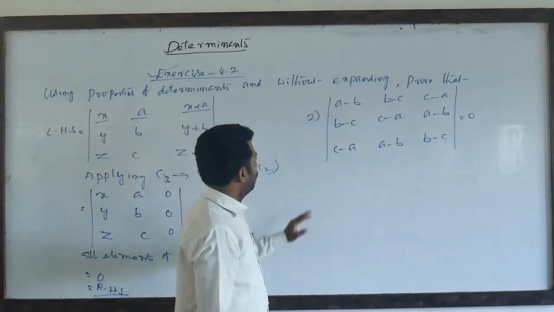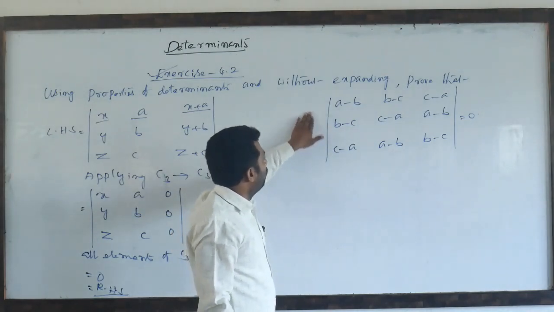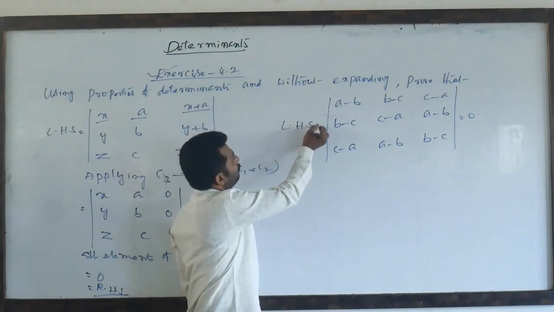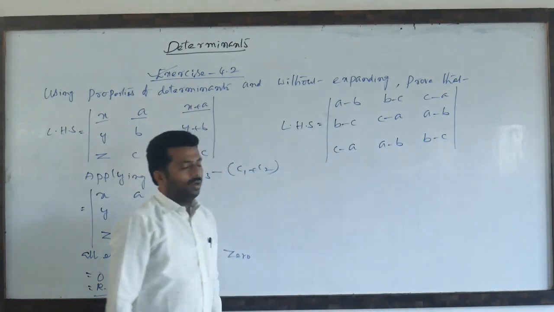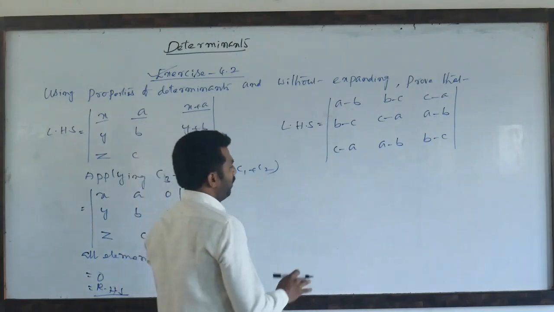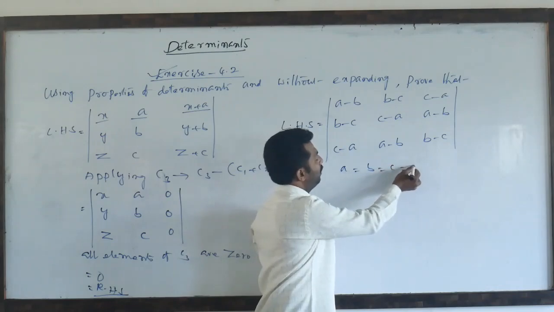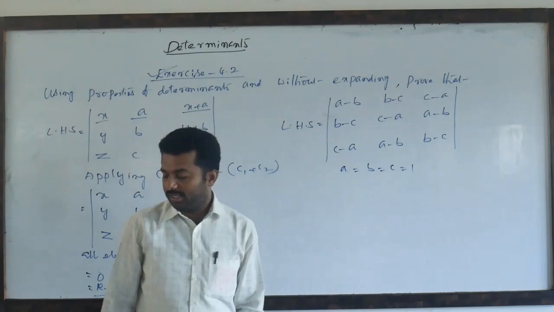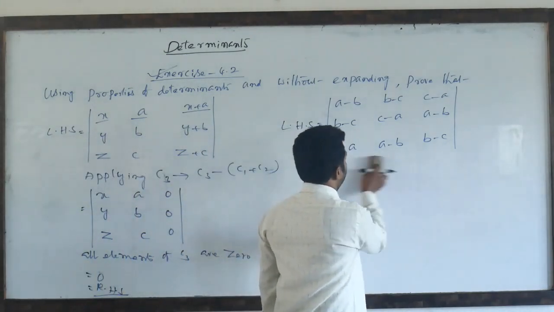Next, the second one, you observe. This is also the same; I am taking this itself as the LHS. Which operation do we have to apply? From the entrance exam point of view, as I told you, if you substitute a equal to b equal to c equal to 1, all the elements become 0, so the determinant is always 0.